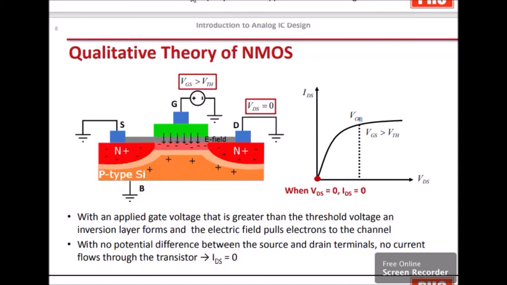Okay? So, ayun po yung nangyayari kapag again, VGS is greater than the VTH. Handa na po yung dadaanan. Depende na lang kung ilang current yung dumaan sa ating VDS. Okay, depende na lang sa push caused by the potential difference between the drain and the source.